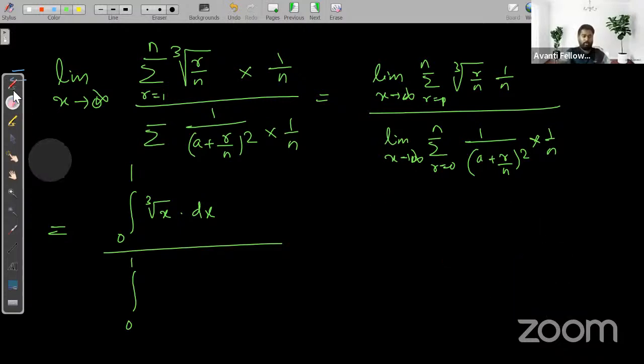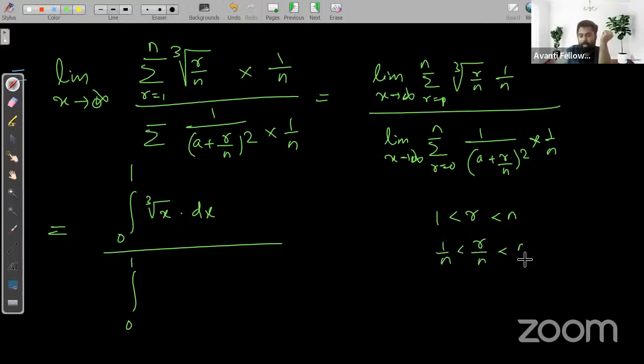You understood or not? Okay, see here, r lies between 1 to n, right? So if we divide each term of this inequality by n, then r by n lies between 1 by n and n by n. Instead of r by n, we are taking x. So x lies between, when n is extending to infinity, 1 by infinity is 0 and the upper value is 1.